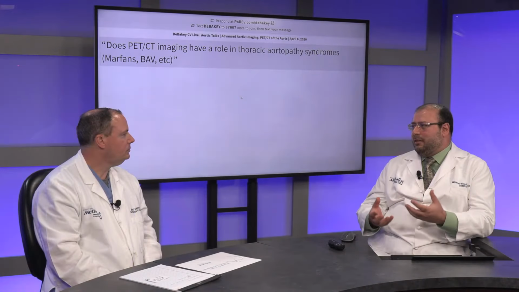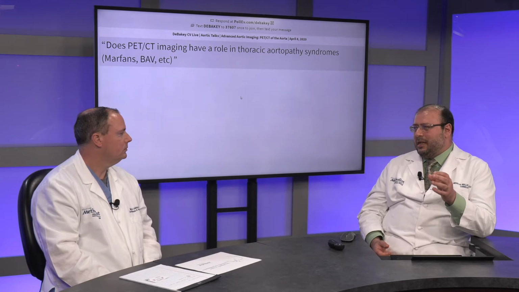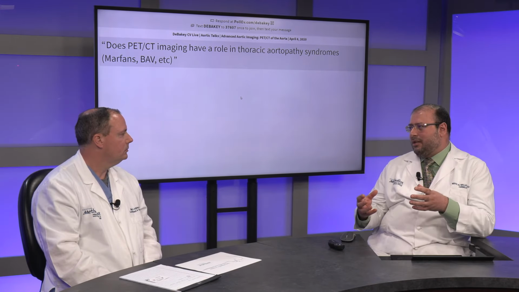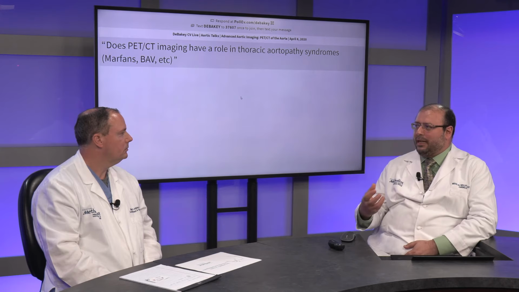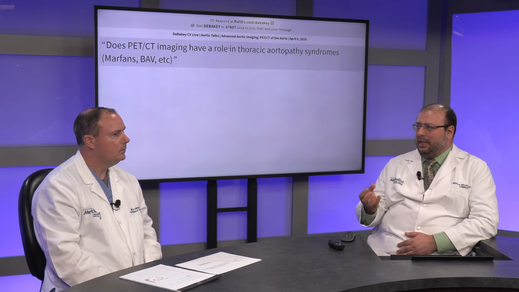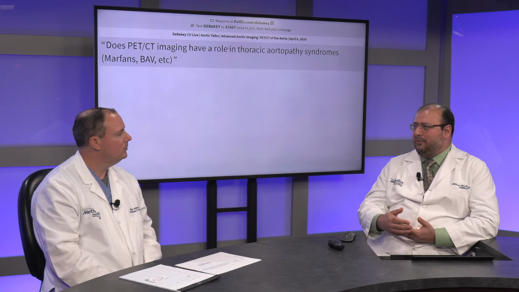In fact, I would think of it more as a synergistic tool to CT, because with CT, we deal mostly with anatomical features. We're looking at size, we're looking at wall thickness, but we don't have the metabolic activity in there. We're not imaging them at the molecular level. So adding the molecular level will augment your CT information, and it will help you better stratify. Because we follow these patients with aneurysms for years.